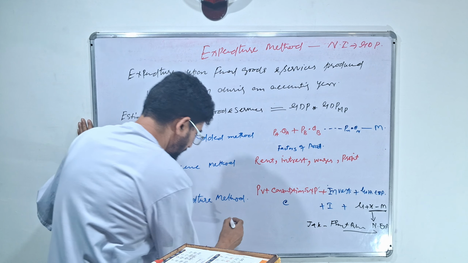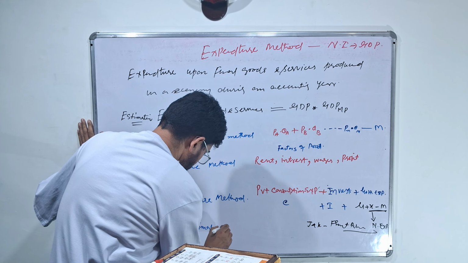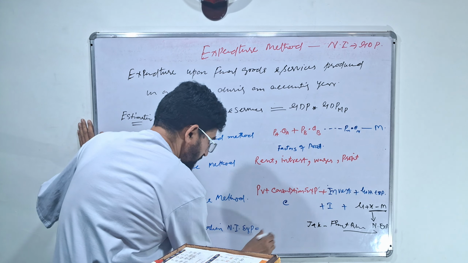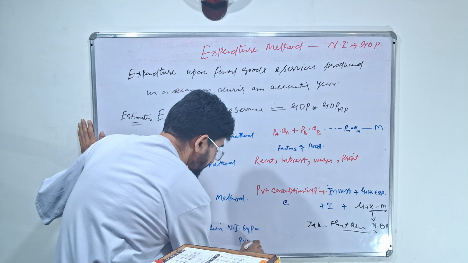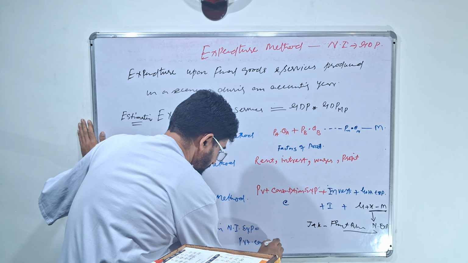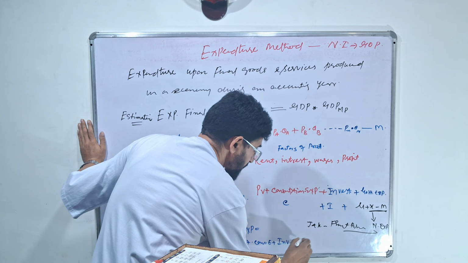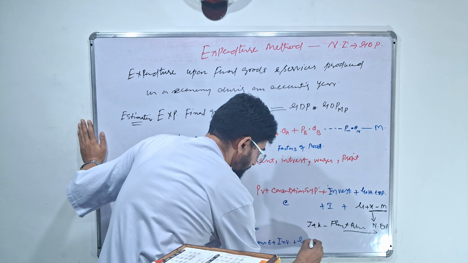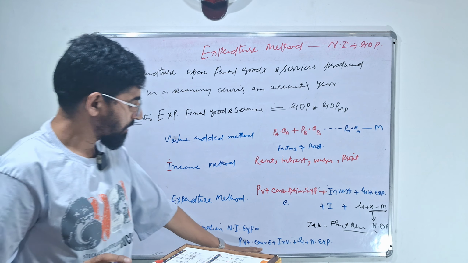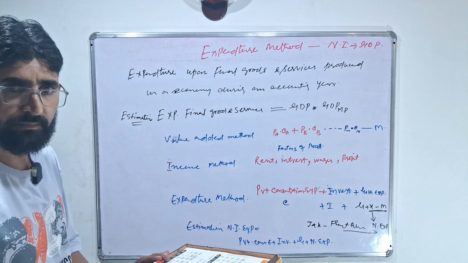I will write below: estimation of national income by way of expenditure method, we have to do private consumption, I will write it short, C, plus investment, plus government expenditure, plus net exports. And the sum of these we will get as expenditure. So this is the estimation by way of the expenditure method.